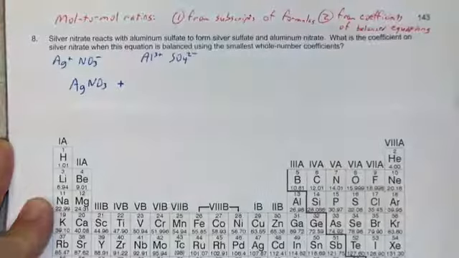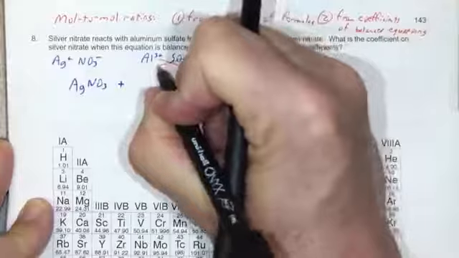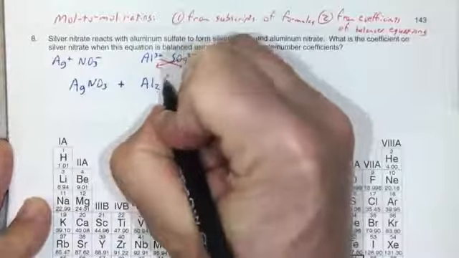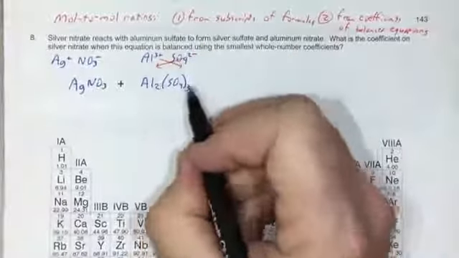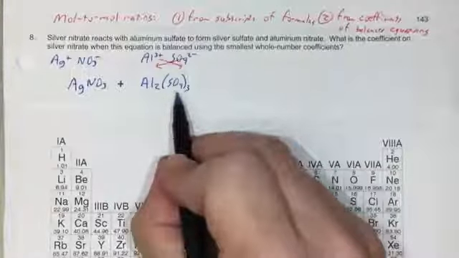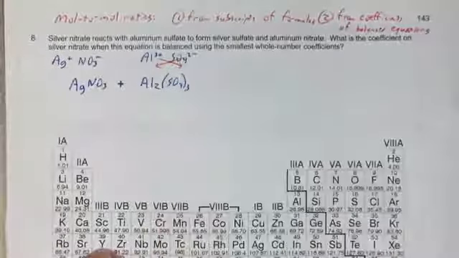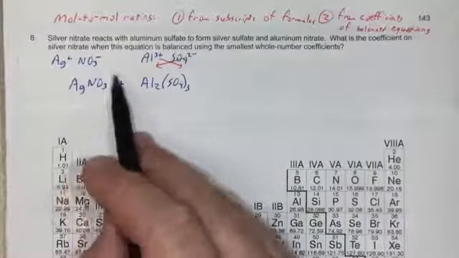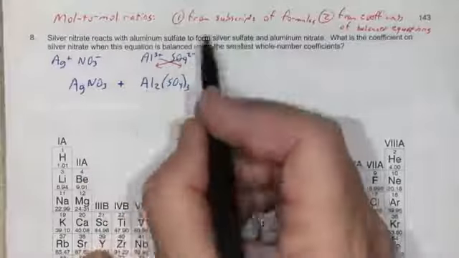So to get the formula for this, the easy way is to crisscross this. So the formula for aluminum sulfate is Al2(SO4)3. I need the parentheses because I have more than one of the polyatomic sulfate ion. Okay, so that's aluminum sulfate. It says silver nitrate reacts with, so I put plus, aluminum sulfate, here's aluminum sulfate, to form.